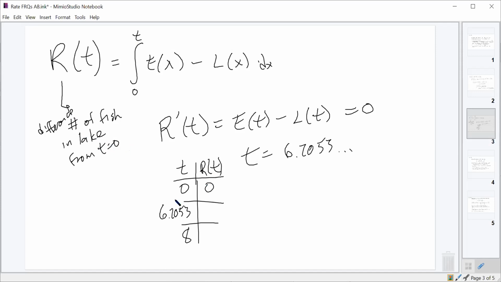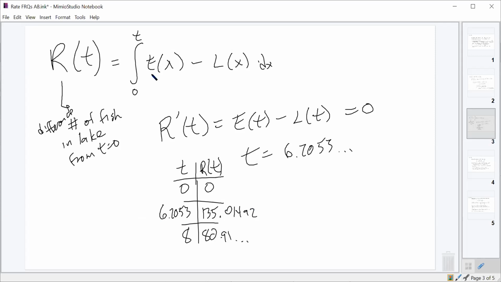And at t equals 6.2, you'd plug this integral into your calculator and come up with a value of 135.01492. And you'd say, okay, there were 135 more fish in the lake at 6.2 hours than there were at the beginning. Then you'd plug it in at 8, and you'd get something like 80.91, and you say, all right, well, at 8, there's 80 more fish than there were at 0. So clearly the maximum number occurred at 6.2053 by checking the endpoints and the critical value that we got.